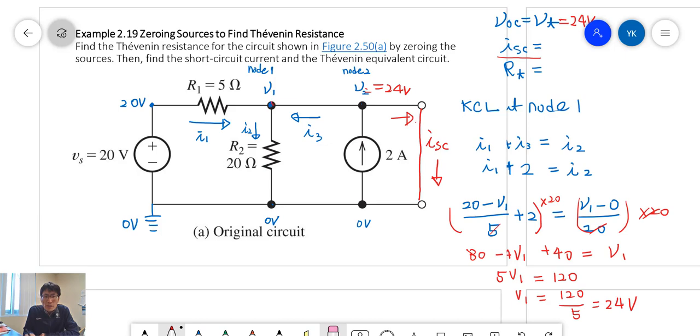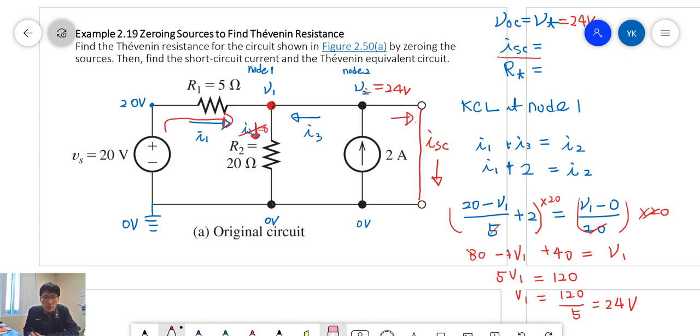Then we can apply KVL on this side. Current is coming in and flows through R1, and then it tries to split, but there is no resistance on this branch, so there is no flow of current, so I2 is 0. This is cancelled, like an open circuit.